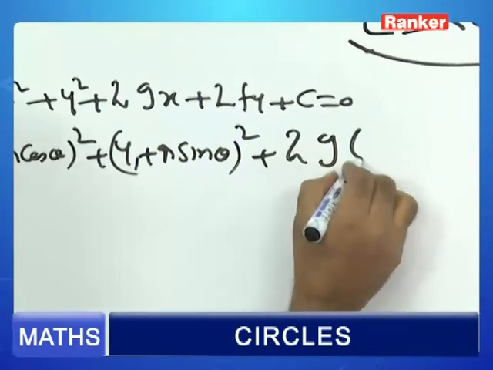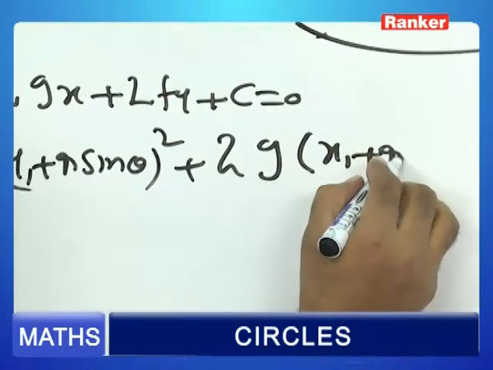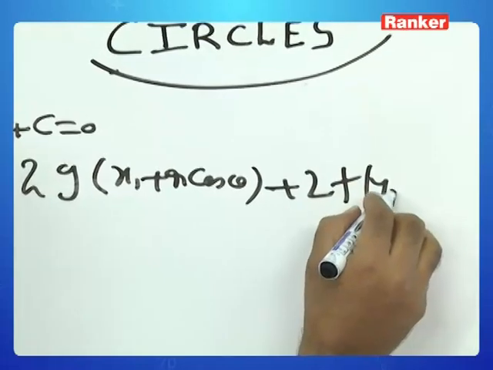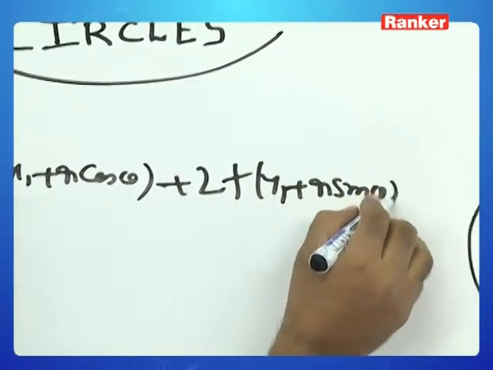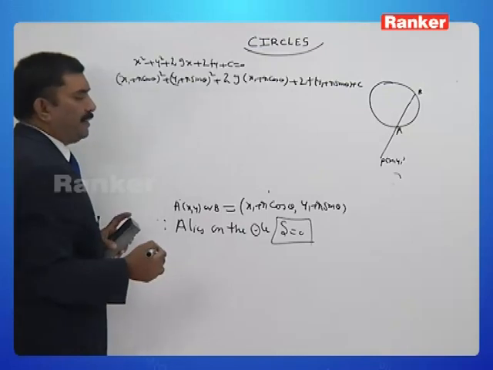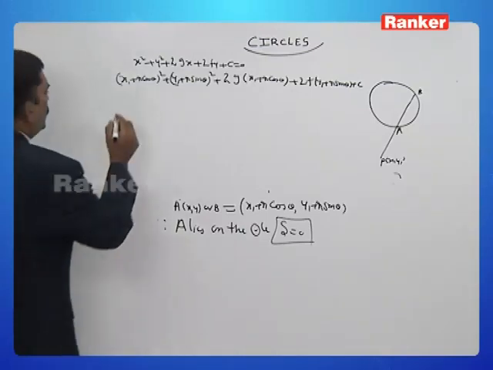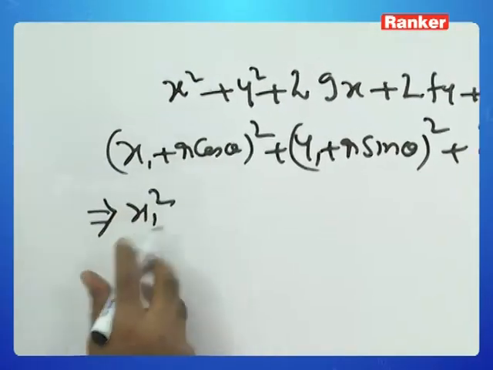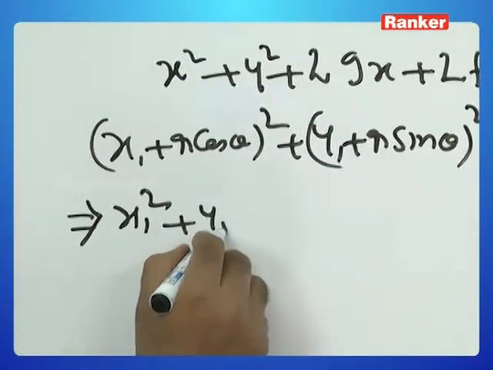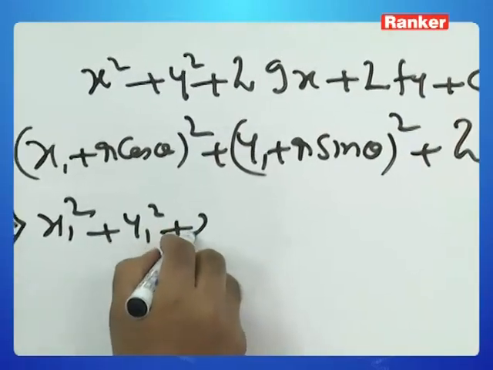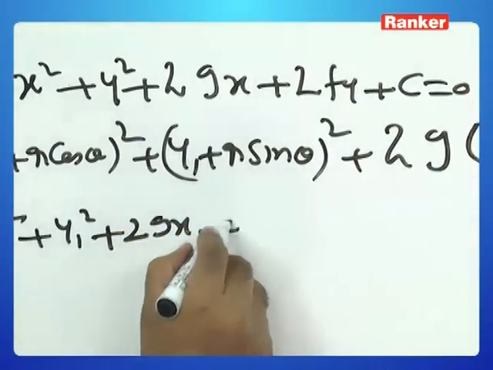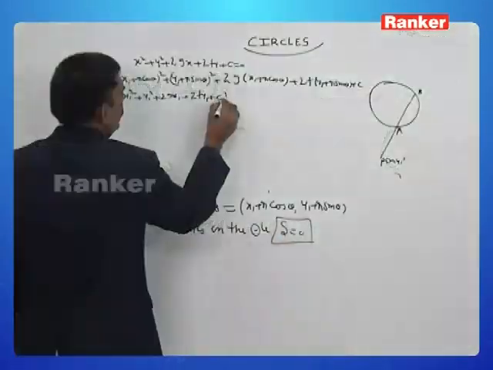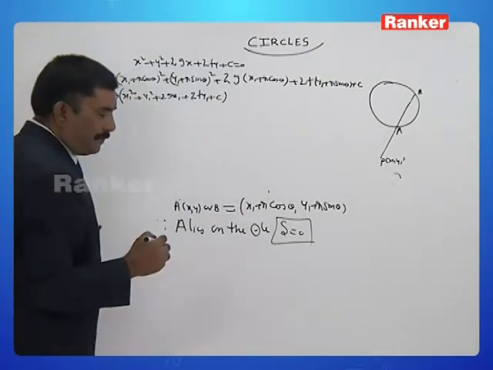Therefore, 2g into x1 plus r cos theta, now 2f into y1 plus r sin theta plus c. Now you expand the equation. If I expand, this becomes x1 square, here y1 square, here 2gx1, next 2fy1. Just for simplicity, I am grouping the terms.